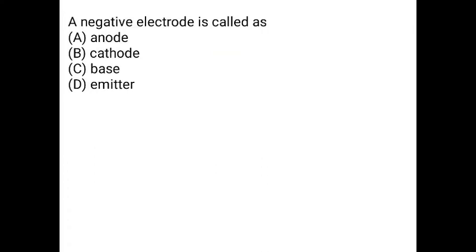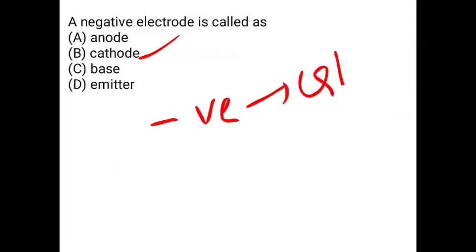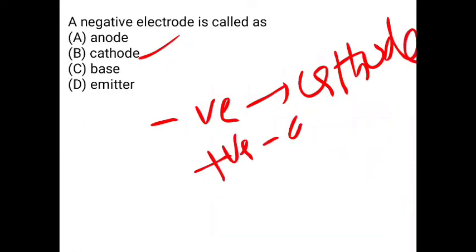A negative electrode is called cathode. And positive electrode, positive anode.